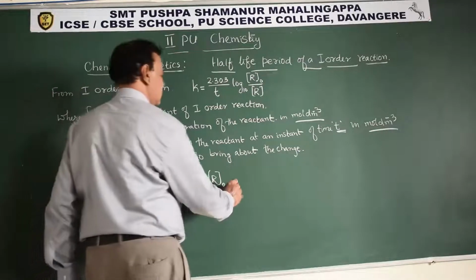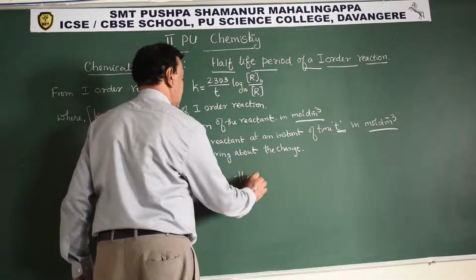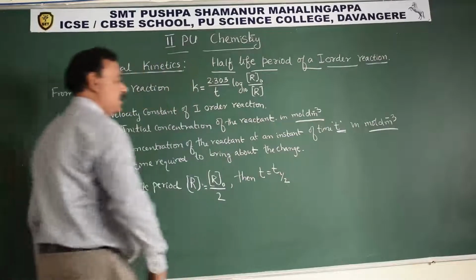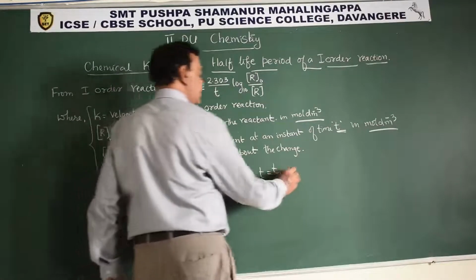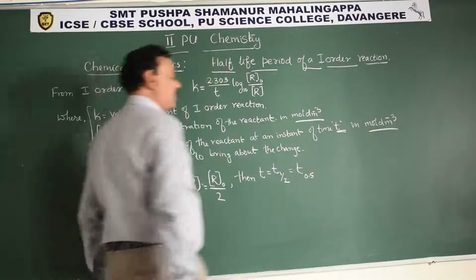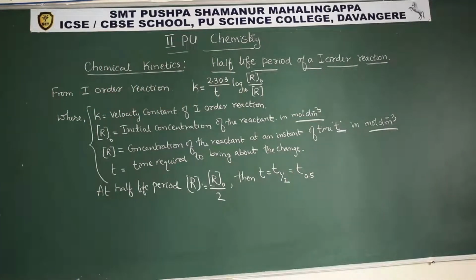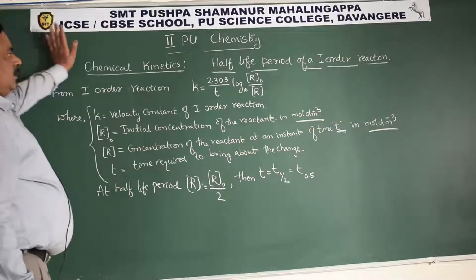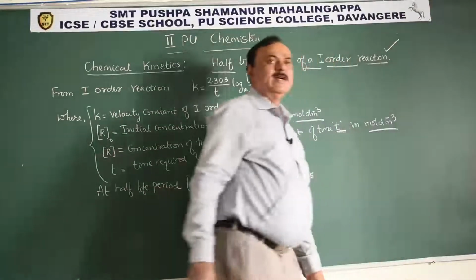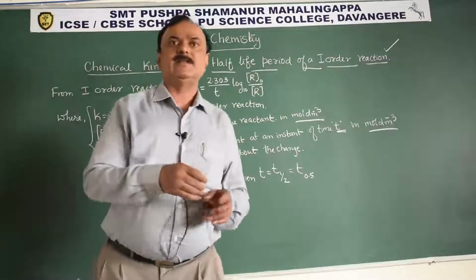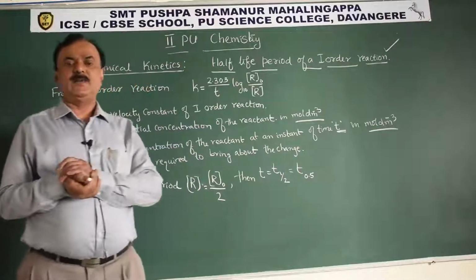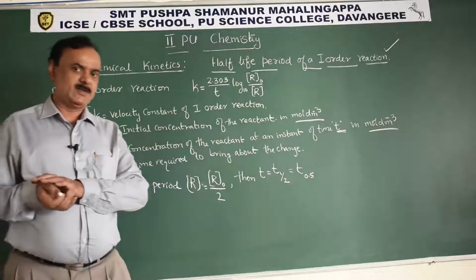Then T is equal to T half, that is equal to T 0.5. T half, in some textbooks, is represented as T 0.5. What is the half-life period of a first order reaction? The time required to reduce half of the initial concentration of the reactant in a first order reaction is called the half-life period of the first order chemical reaction.